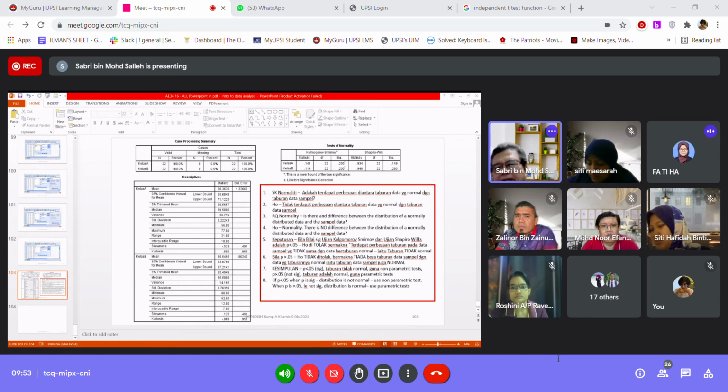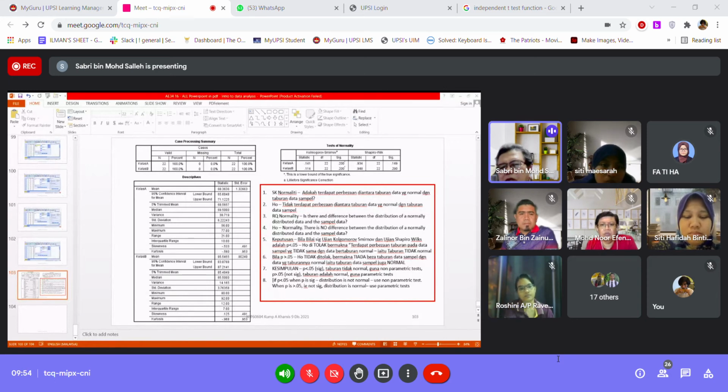When you run the normality test, output yang akan keluar, yang kita nak tengok lah. You have the descriptive punya statistik, tapi kita nak tengok yang clear-cut case. Table of normality ni, dia ada dua test. Satu adalah Shapiro-Wilk yang belah kanan.